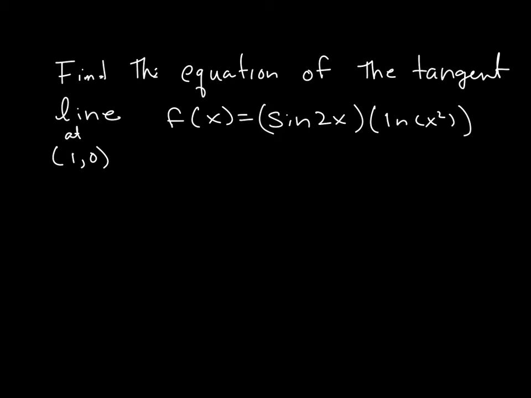Step 1 with this is we have to find the derivative. And then what we do is, because the derivative gives me the slope of the tangent line.